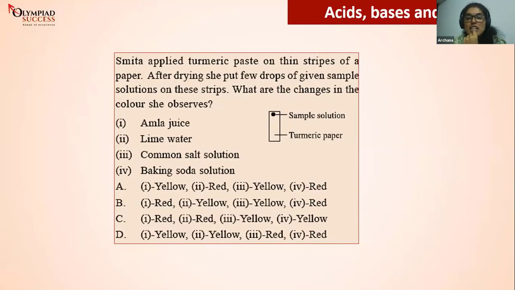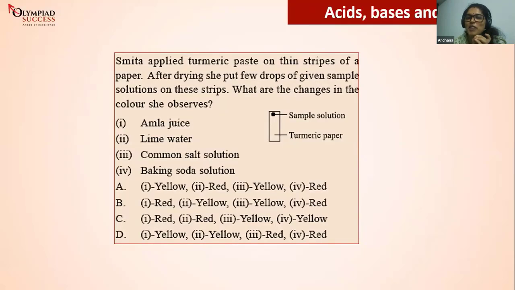I use the term lime water. Lime water is calcium hydroxide. See, I was saying this, right? Calcium hydroxide is lime water, so it is basic. Basic will give red in color. Correct? So yellow, red, and common salt will remain neutral, so it will just be yellow.